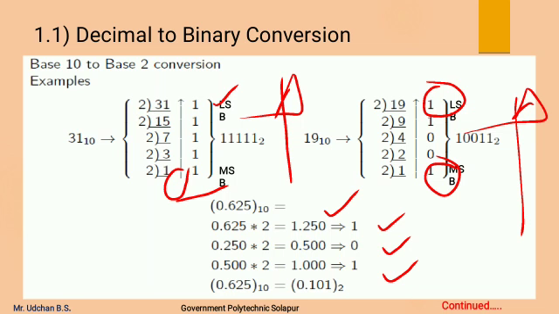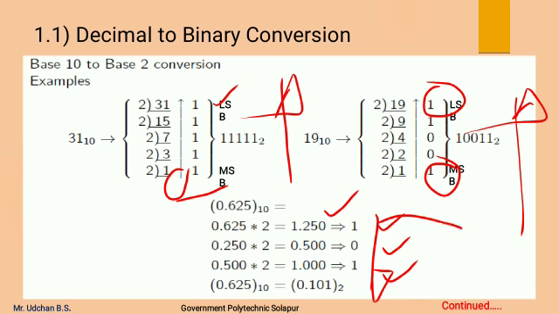After the successive multiplication, write down the integer parts in a sequence from MSB to LSB, that is 101.